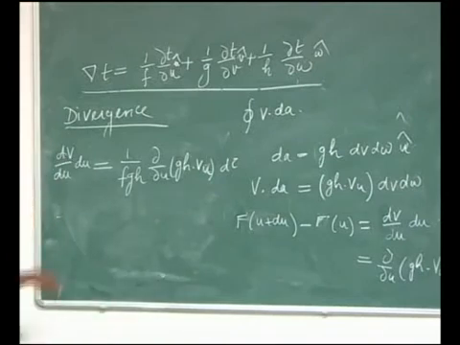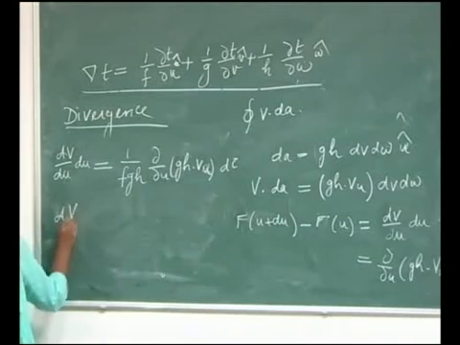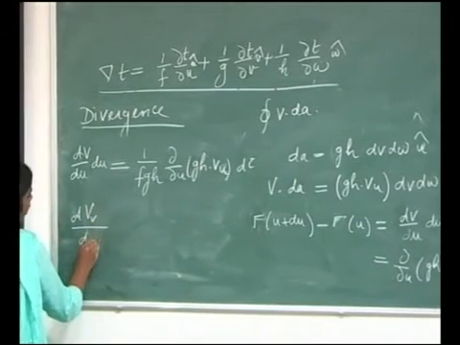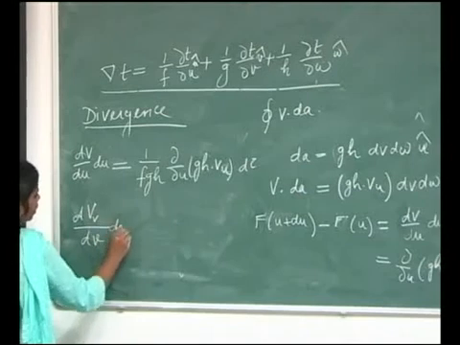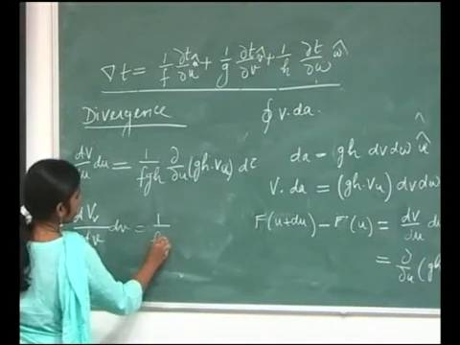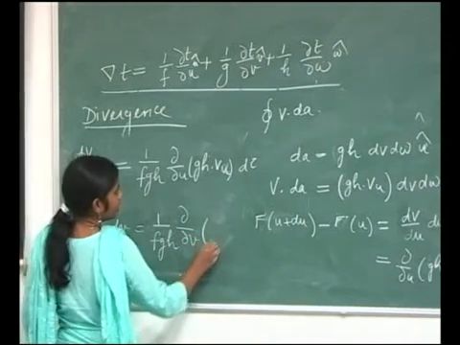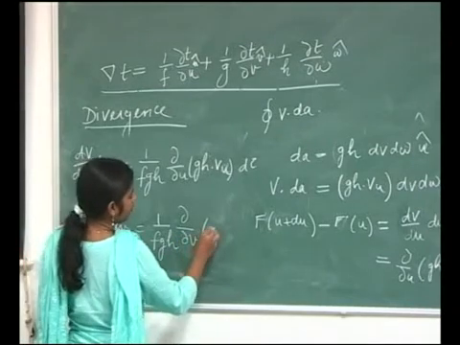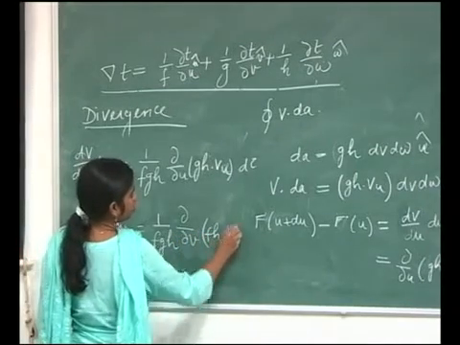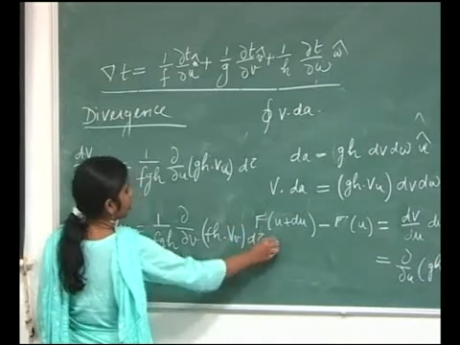So I have written this for dV by du. Similarly, I can write for dV by dv, which will be equal to f h del by del v, and this will be equal to f h dot Vv into d tau.